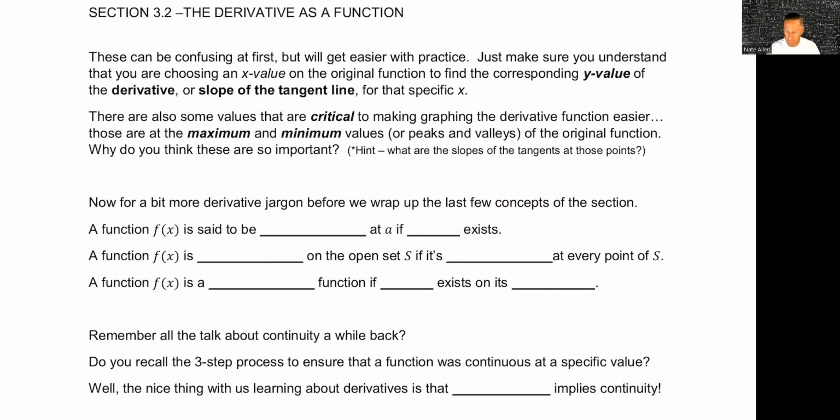And just to reiterate, remember when we are graphing those tangents, we're looking at our x values of our original function, and we're trying to find the corresponding y value called the derivative or the slope of the tangent at that specific value. Again, it will be critical that you understand this down the road, and we will be looking at these things called maximum and minimums, or those peaks and valleys, because remember, that's where the slopes of our tangents were equal to 0.